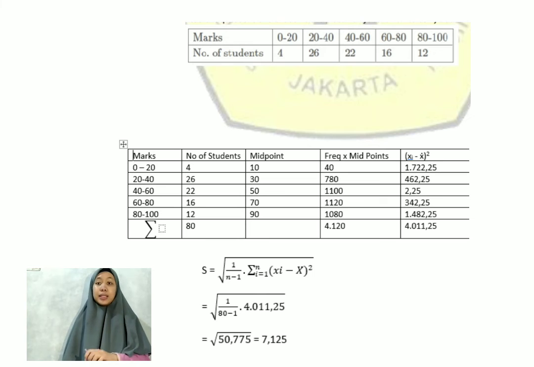Class number 4 is 342.25. Class number 5 is 1482.25. So the sigma of (x_i minus x bar) squared, as i goes from 1 to n, equals 4011.25.